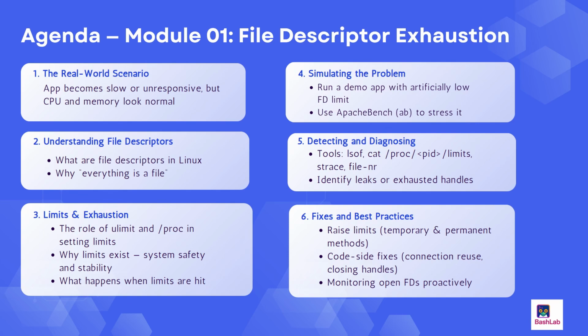Once we understand the concept, we'll simulate the problem ourselves, intentionally exhaust file descriptors and watch how the system behaves when it runs out. After that, we'll go hands-on with Linux tools like lsof, strace and /proc to detect and confirm the issue. Finally, we'll look at how to fix it, how to prevent it from coming back, and what this troubleshooting process looks like in real-world production systems.